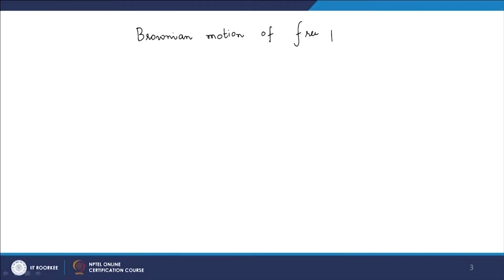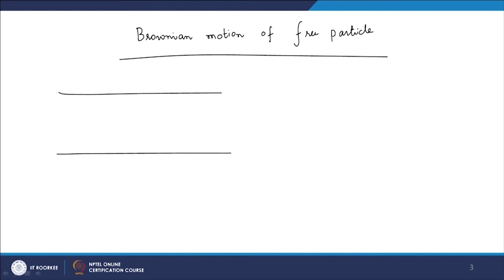So we want to discuss the Brownian motion of a free particle. And the system that I have in mind is, let us say you have some volume, like some vessel, the vessel shape and size and everything is inconsequential here. The key point is that it contains some solvent and just one particle, a solute particle that is moving in the solution. That is why we call it a free particle.